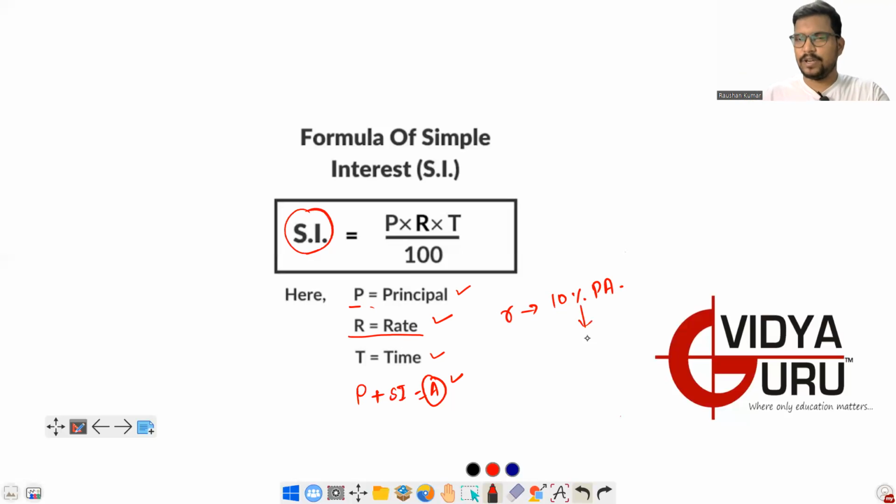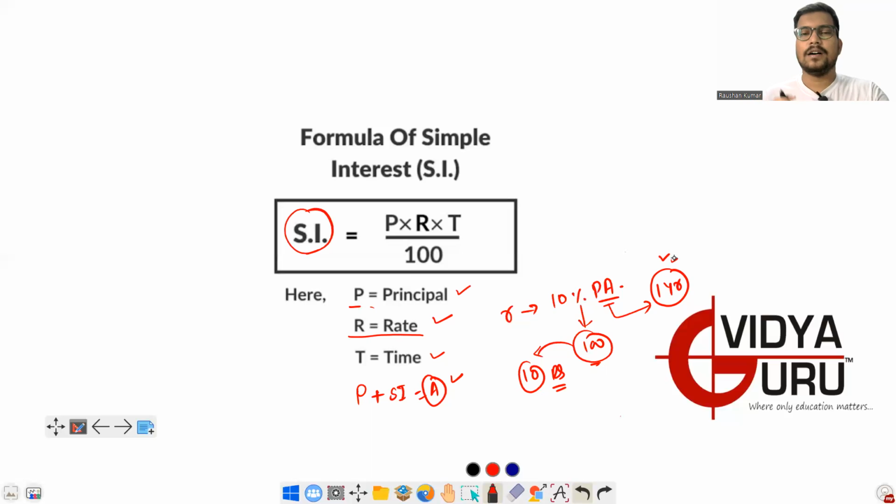Percentage means out of 100 we are getting 10 rupees, and per annum means 1 year. So on 100 we are getting 10 rupees at the end of 1 year. This is all about simple interest.